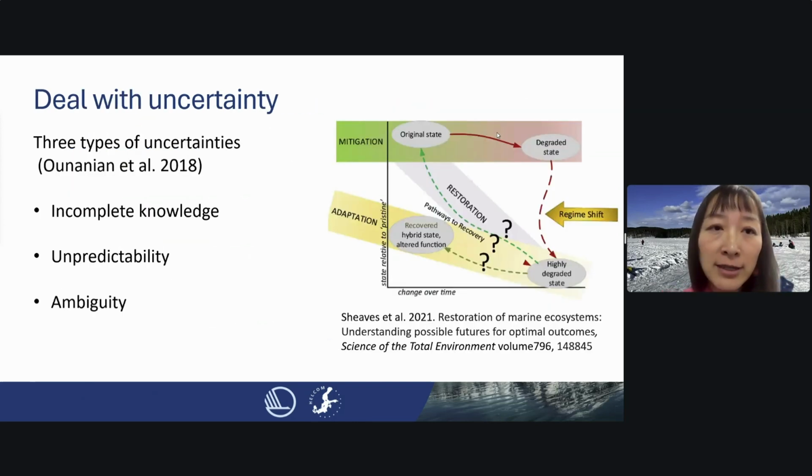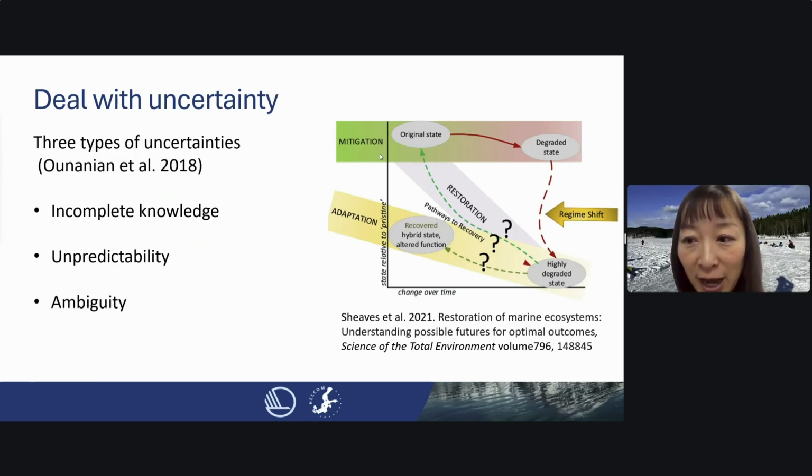And the last slide I will mention quickly is that in the cost effectiveness analysis, we also should consider and deal with uncertainty. So the uncertainty means that there are a lot of questions, right?